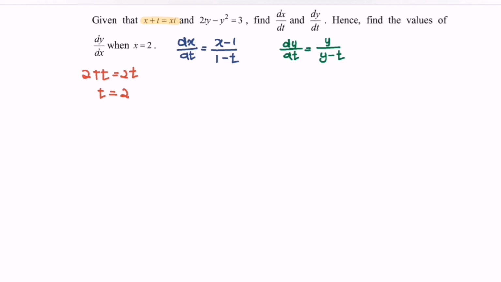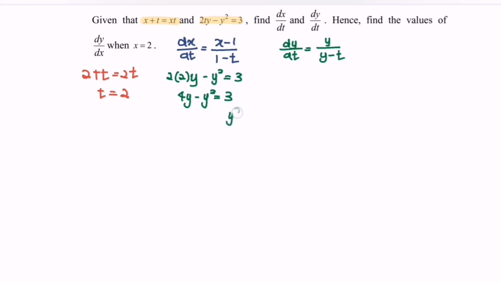Next, we are going to substitute the value of t into this equation in order to get y. So from here, 2t will be substituted by 2, so we will have 4y minus y squared equals to 3. Rearrange the situation.